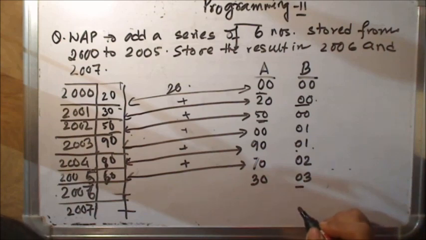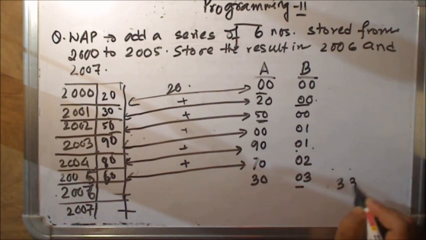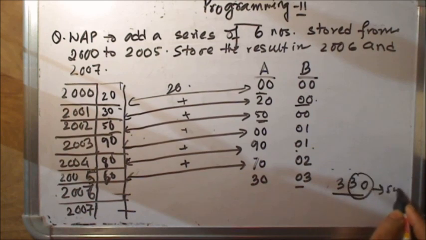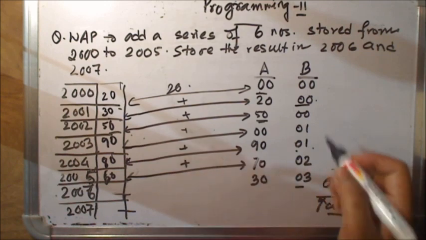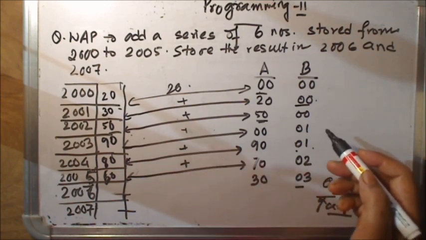So our answer is 330: 30 is the sum and 03 is the carry. Understood the logic? We go on adding to the sum, and if there is a carry, we increment the carry register.